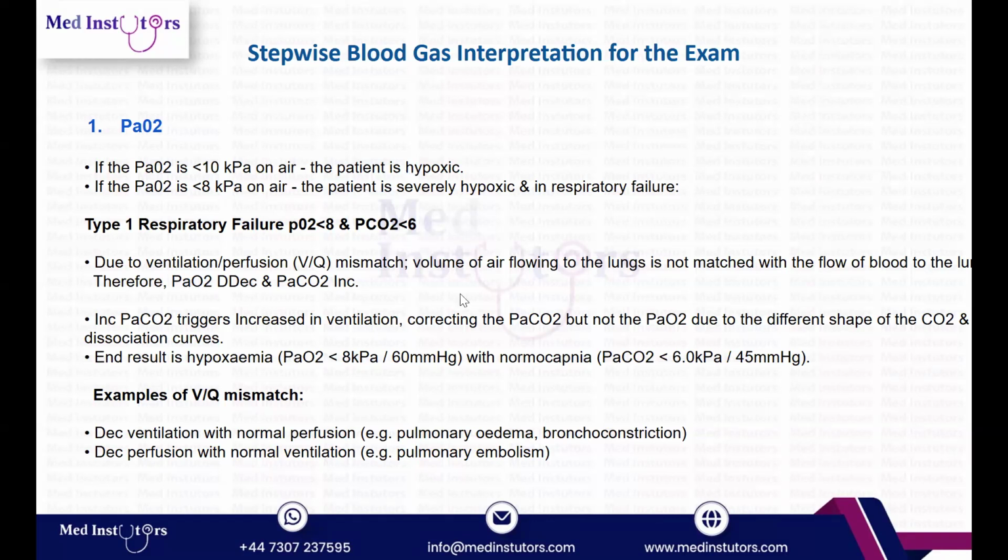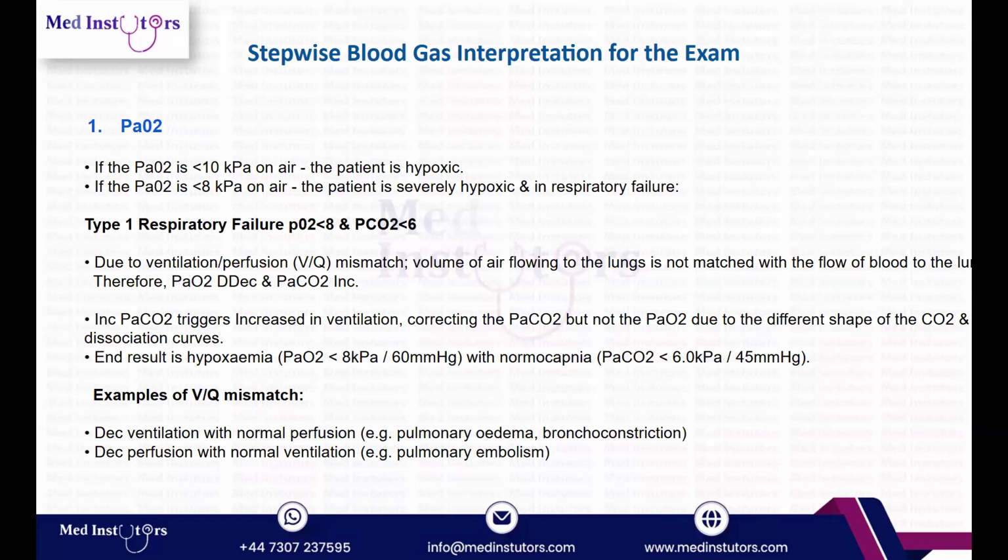Okay, hypoxia, yes, now we interpret that our patient has hypoxia, but why? And what are the relevant questions related to the partial pressure of oxygen? If the patient has hypoxemia, there is respiratory failure.